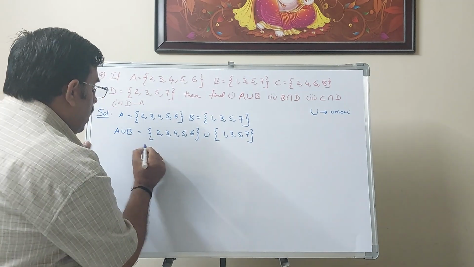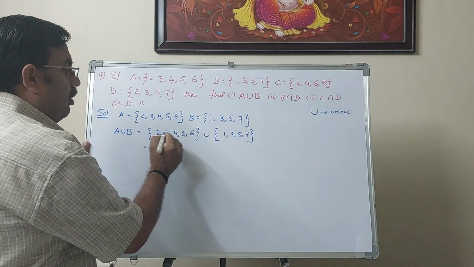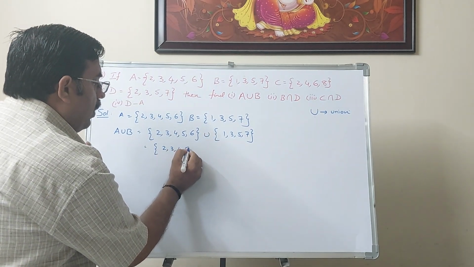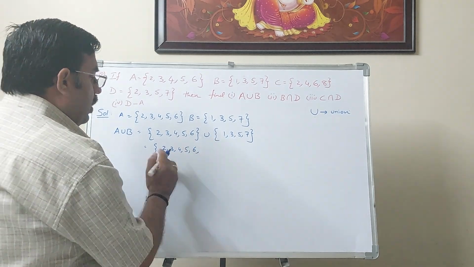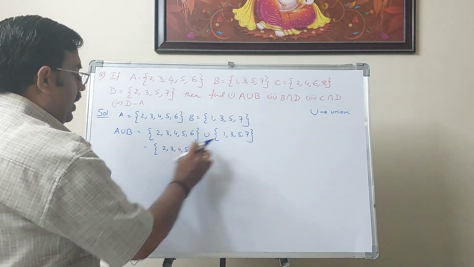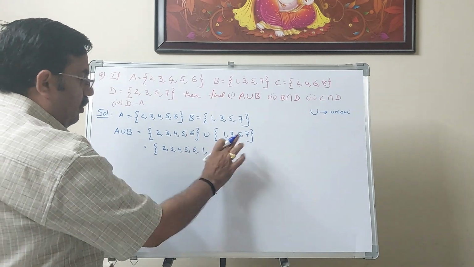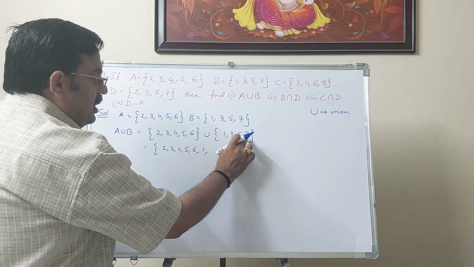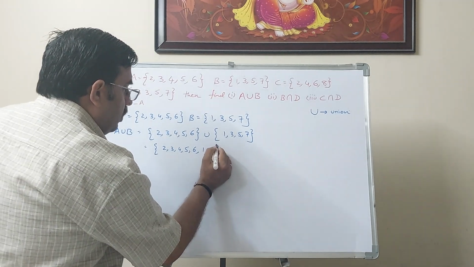So what is the result you will get here? Writing all the elements 2, 3, 4, 5, 6, 1. Okay, 3 is already written here, so not required to write again. 5 again not required because it is repeated here. 7. So you get this one.